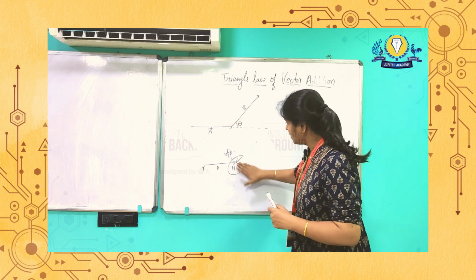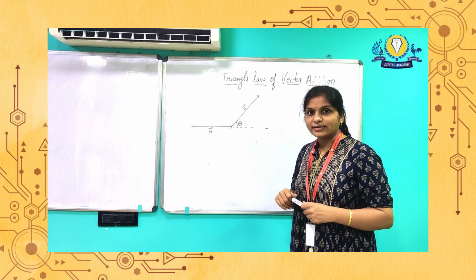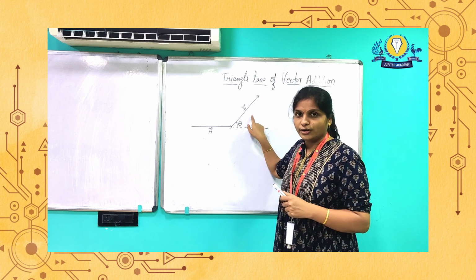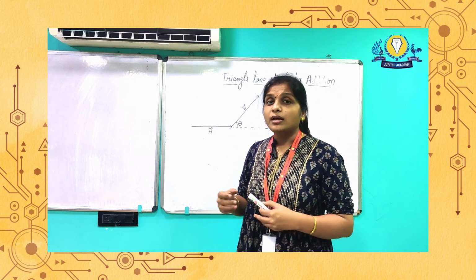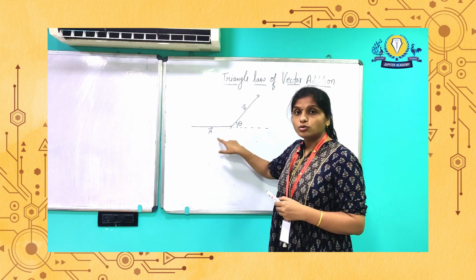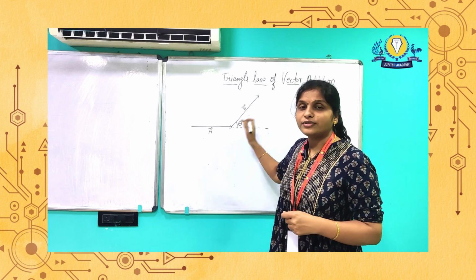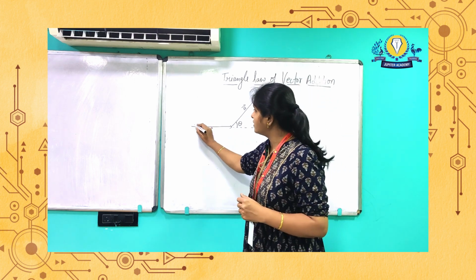Fine. Okay, let's start. So when two vectors are acting at some angle and they are in order, represented by the two sides of the triangle, then the resultant of these two vectors will be represented by the third side of the triangle.